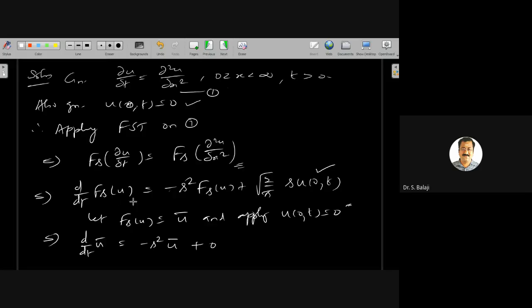Right. And also assume that Fs of u is u bar. Let Fs of u be equal to u bar, and apply u of 0 comma t equal to 0.